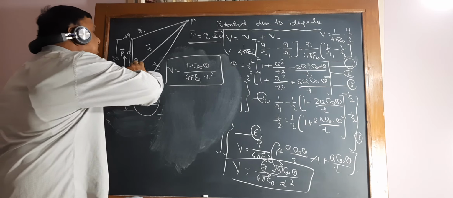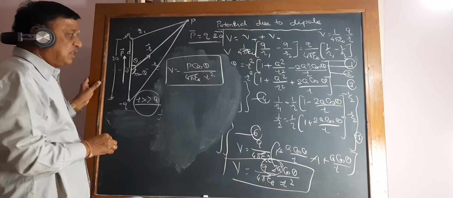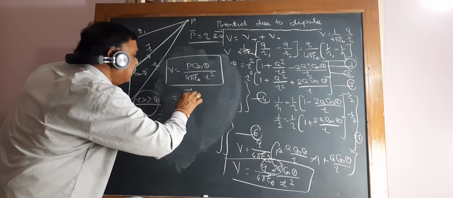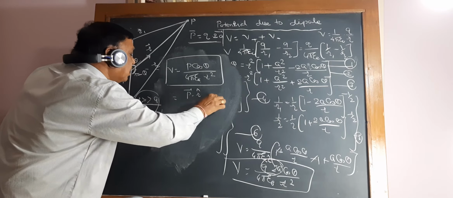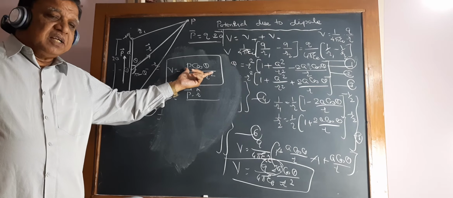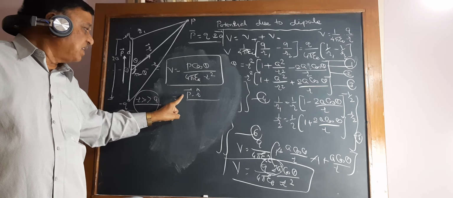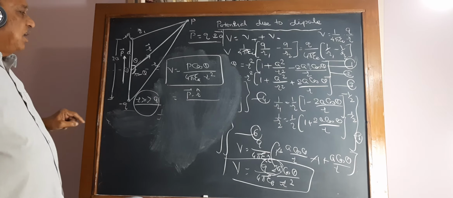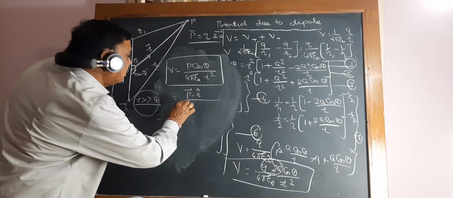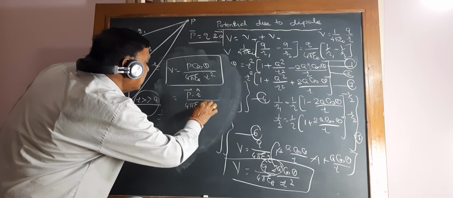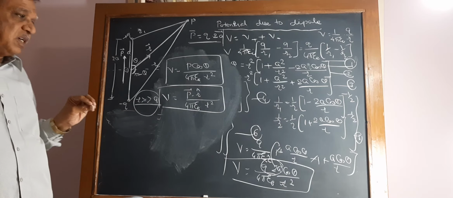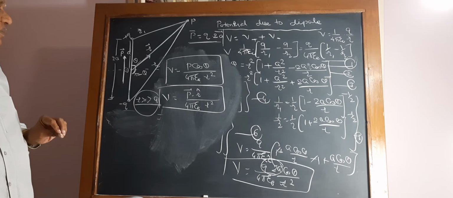If we take a unit vector in the direction of r, we can write P cos theta as vector P dot r cap, where r cap is the unit vector in the direction of r, upon 4 pi epsilon 0 r square. That is the required equation. This equation is not exactly correct, but an approximation.